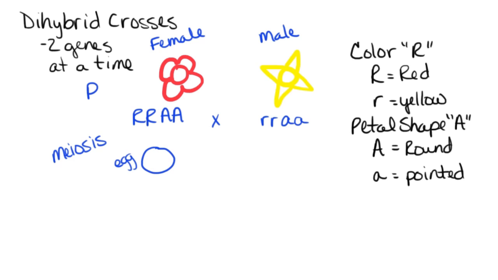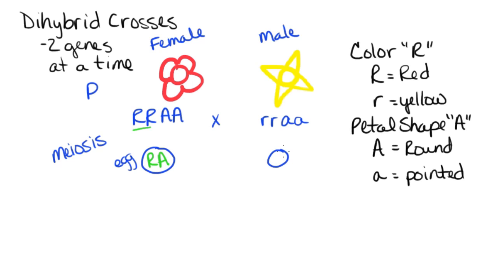That means they're going to get one version of the R gene and one version of the A gene. Since we don't really have much in the way of variation here, we've got two big R's, so we're going to get a big R because that's the only possibility, and we're going to get a big A because that is the only possibility for that one.